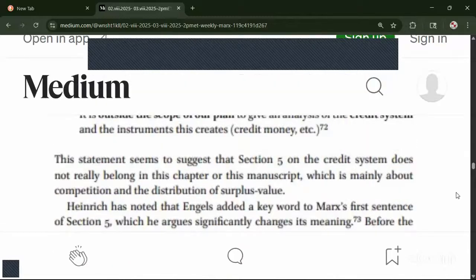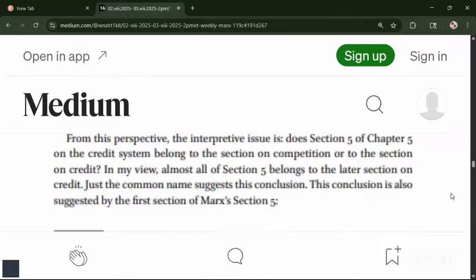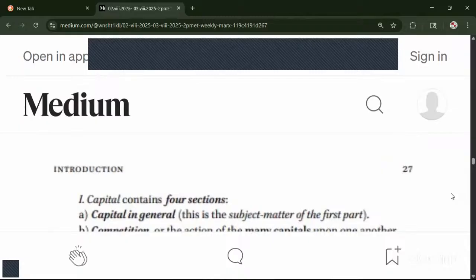I think the point is, of course, that there was a lot missing from both Volume 2 and Volume 3, but that's not a bad thing.